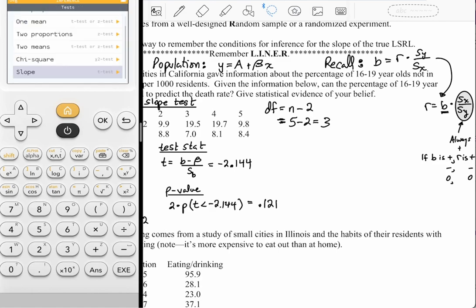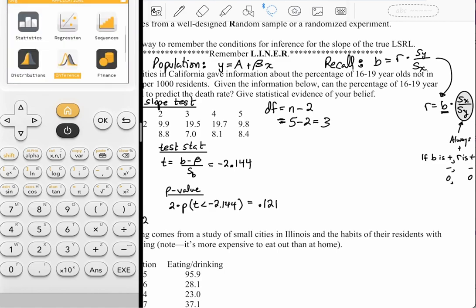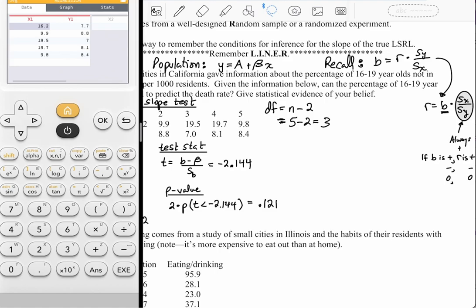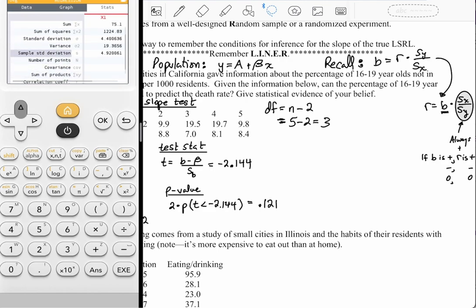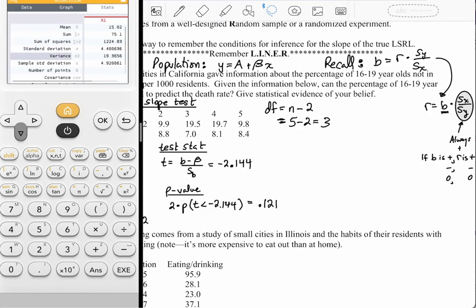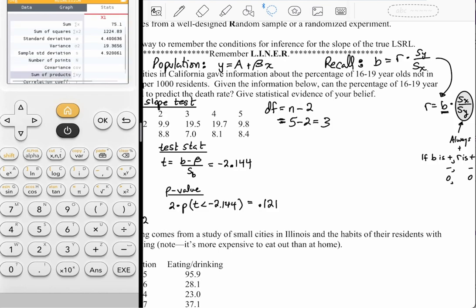Also, like I said before, I can go into my regression app. Data's already there. Go to stats, and I have lots of things here. The X1 list ends after the sample standard deviation, because you can't find things like the sum of the products if you're only looking at a single list.